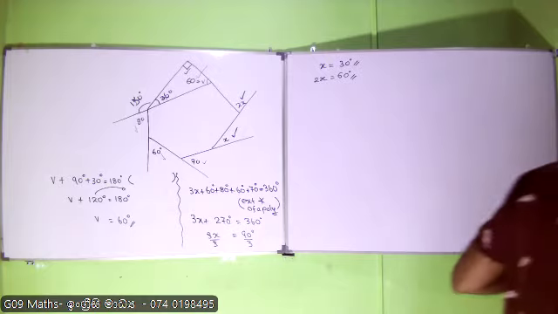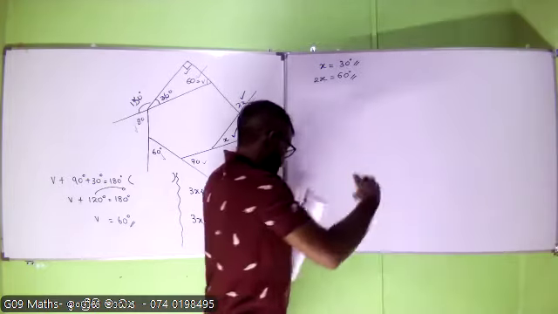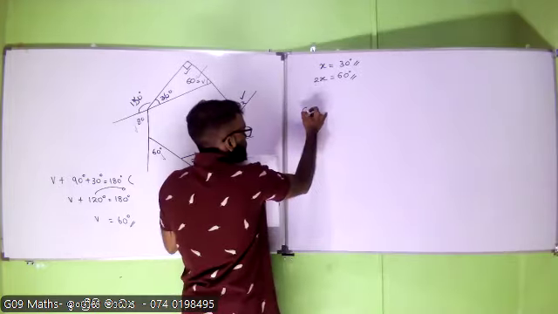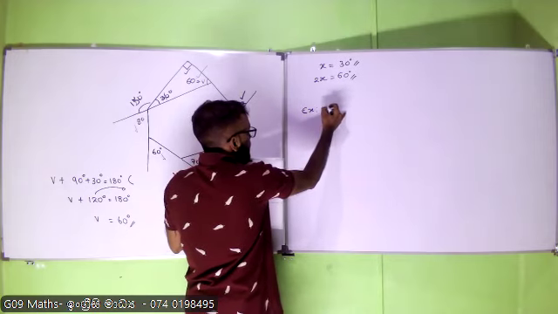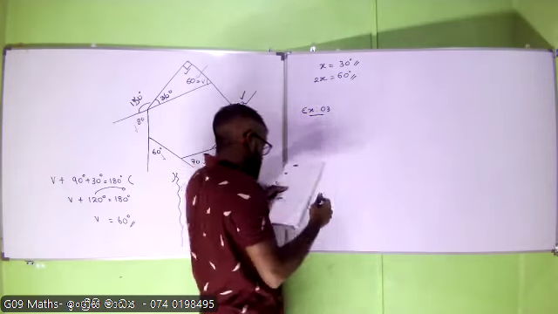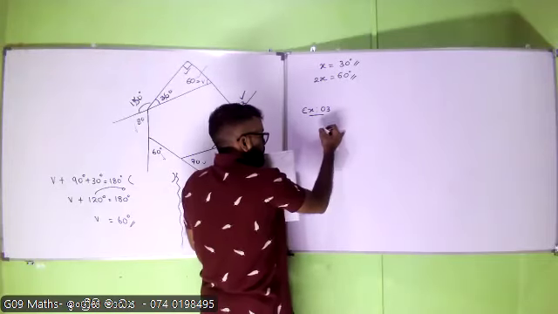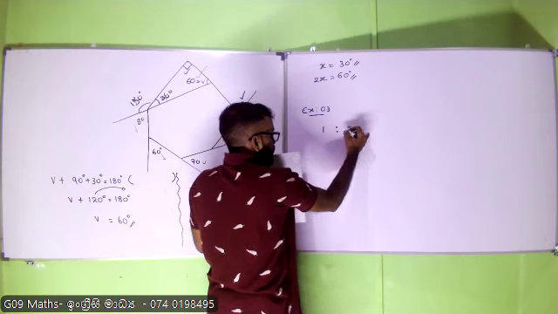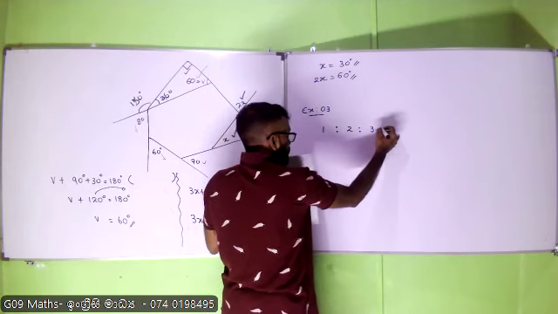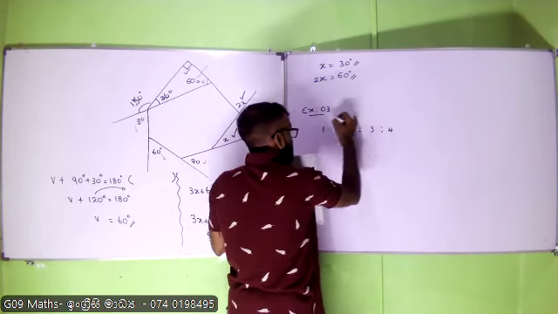Example number 3. It's saying the exterior angles of a quadrilateral are in the ratio of 1 to 2 to 3 to 4. These are exterior angles.